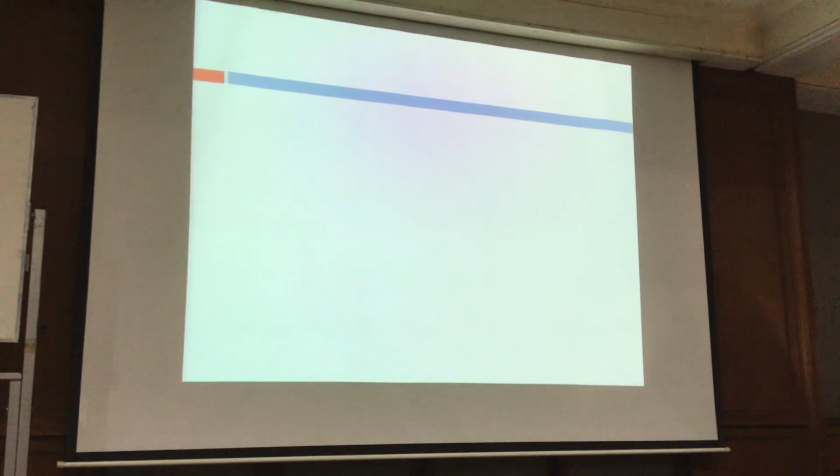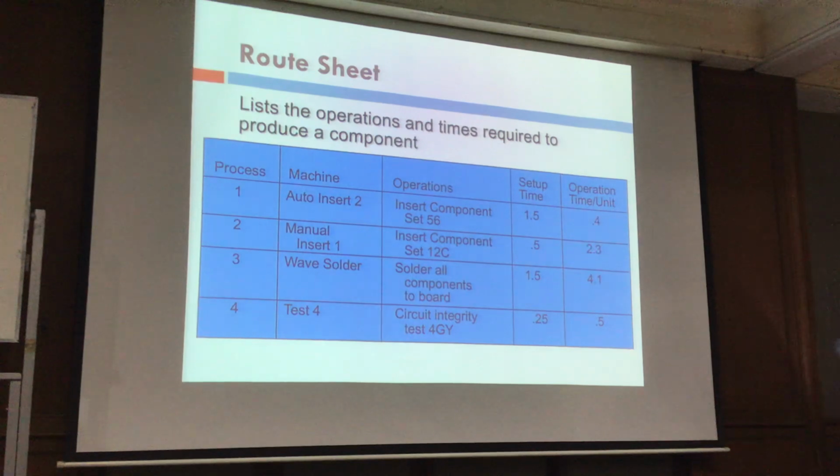How about the route sheet? The route sheet shows the operations, including time requirements. In this case, it shows the 4 processes, the machine used for each process, the operation you are going to perform, and also the setting up time and the operating time per unit. So you can know how long each process is going to take, and how long it takes to produce each unit of the product.